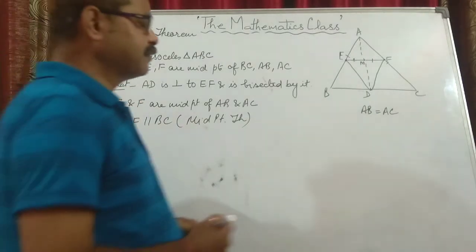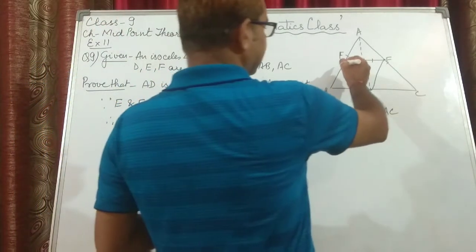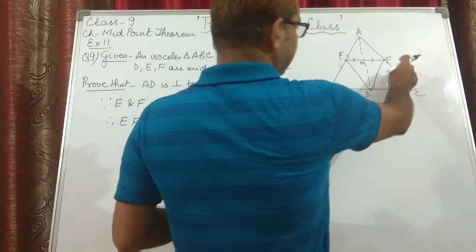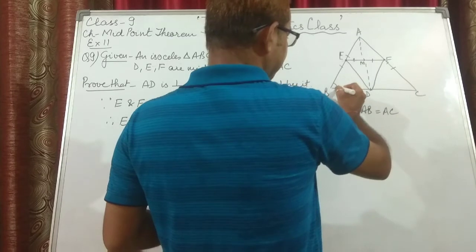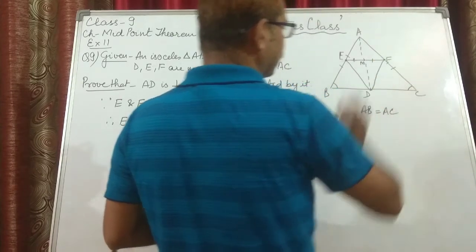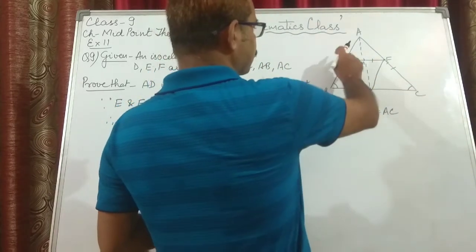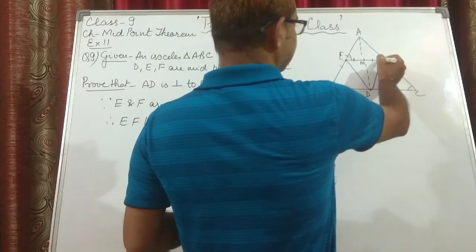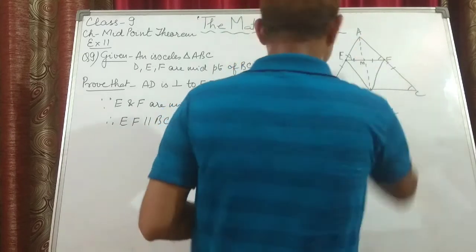Number one, we know that AB and AC are equal. If AB and AC are equal, it means angle B and angle C will be equal. And angle B corresponds to angle E, at the same time angle C corresponds to angle F. So angle E and F will be equal.